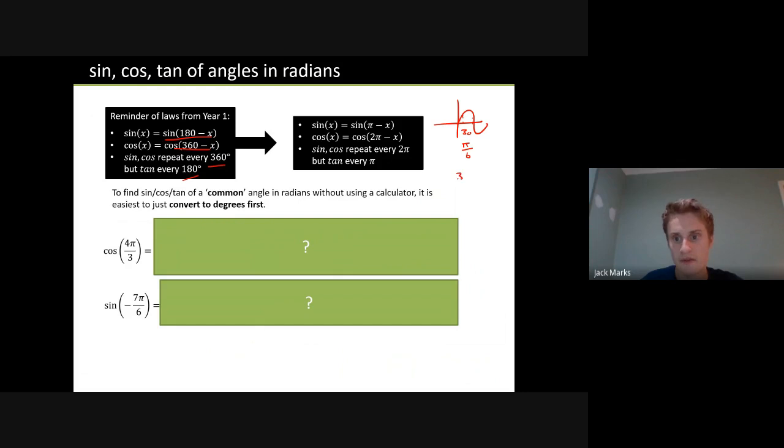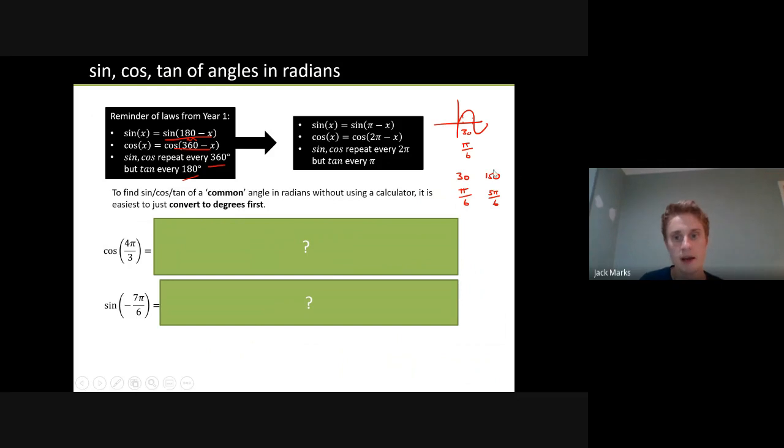So you don't have 30 and 150 as your answers, adding to 180, like you did in year 1. You would have pi over 6. And I like to think 180 is the same as pi. So what's the partner with pi over 6 that makes them both add to pi? Well, it's 5 pi over 6. Pi over 6 in from the left, pi over 6 down from 1 pi gives you 5 pi over 6.